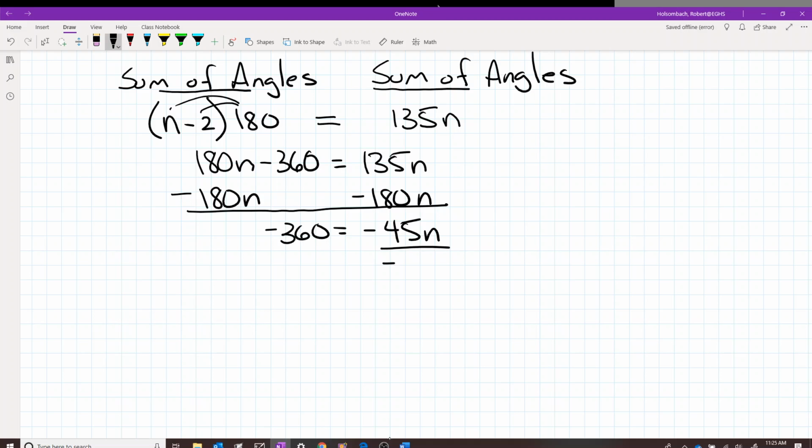Divide both sides by negative 45, and 8 equals n. So your polygon has 8 sides.